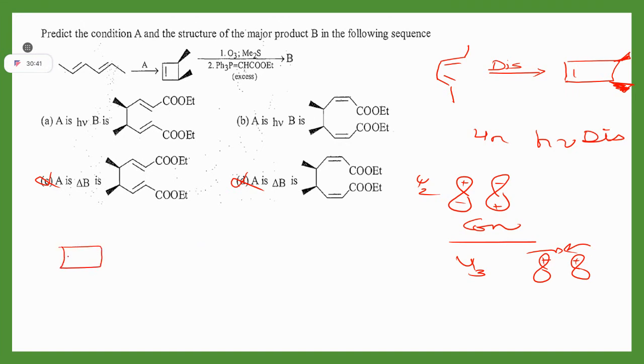After getting this cyclobutene, okay, leave it at that. We know this is your reagent for ozonolysis, right? So this will break from here. Keep the stereochemistry of other groups the same.